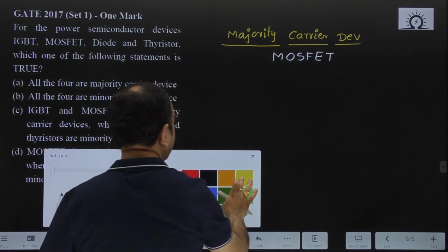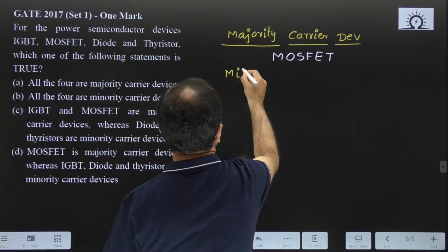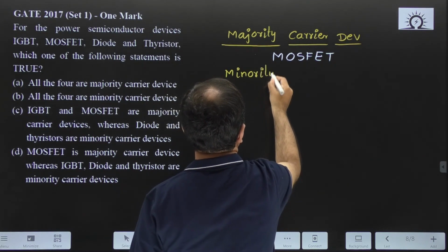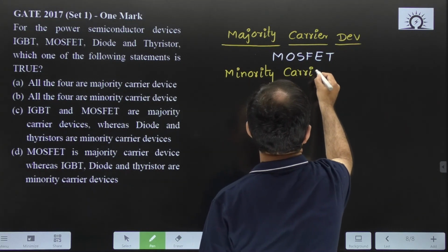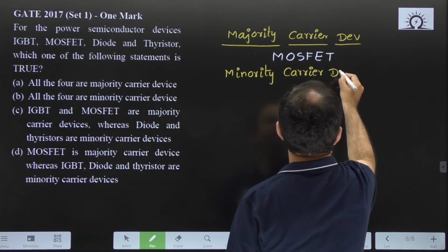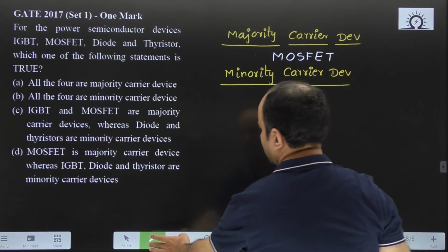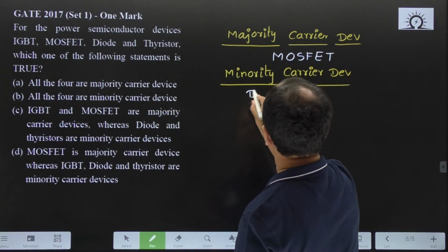Whereas, coming to minority carrier devices, what all the devices come under minority carrier devices?